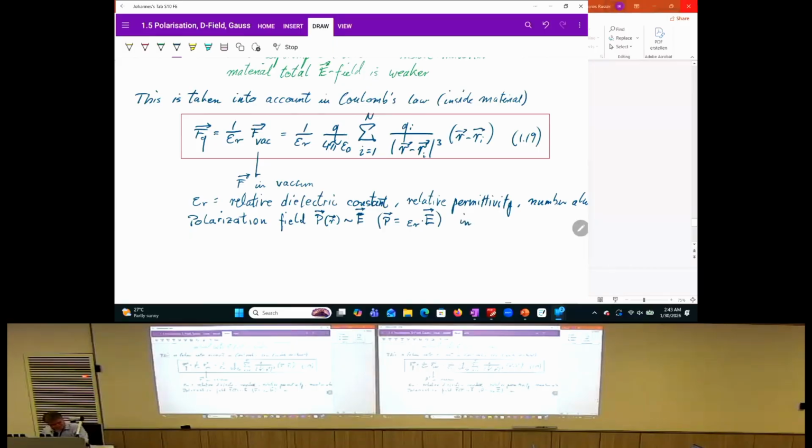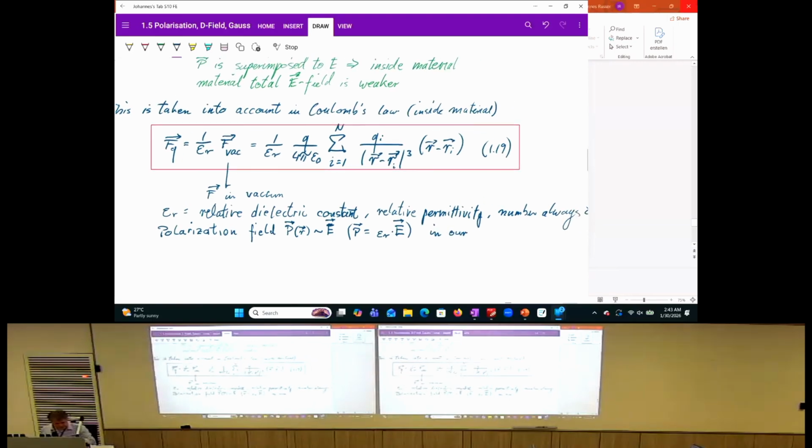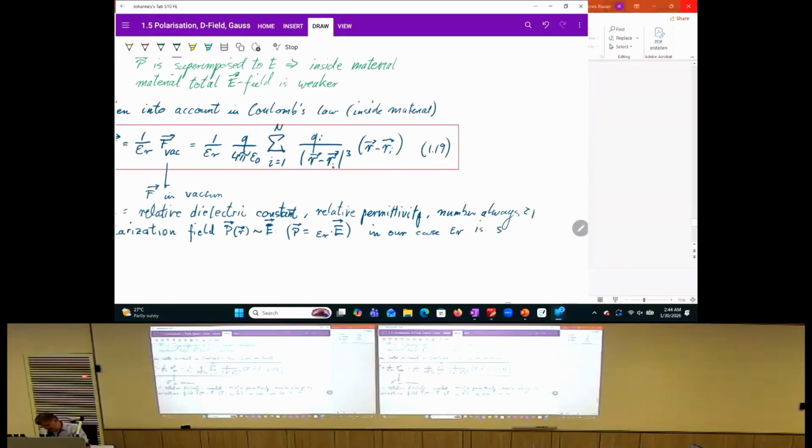And for us, this epsilon r is a scalar value. This is all we will consider in the lecture: the permittivity, or the polarizability of the material, enters as a scalar value into the dielectric constant.